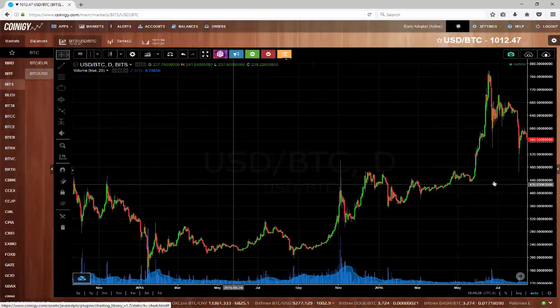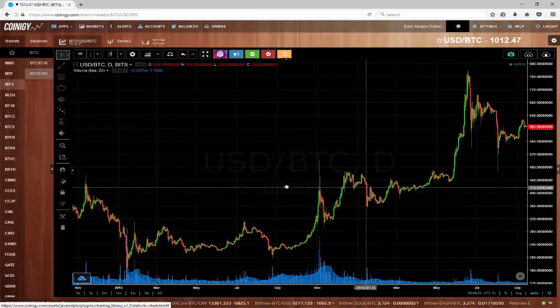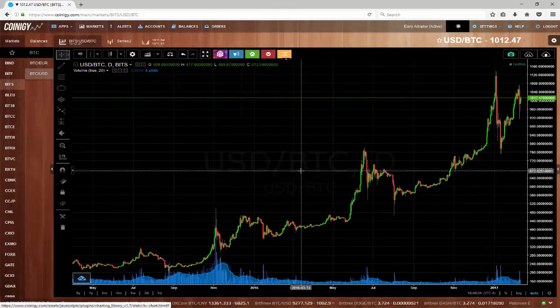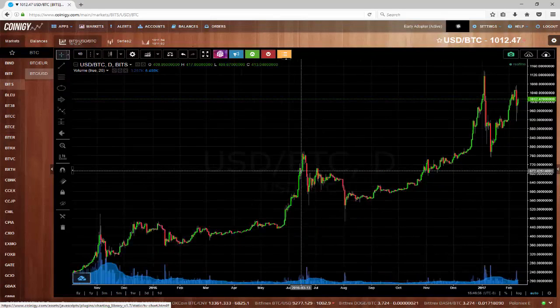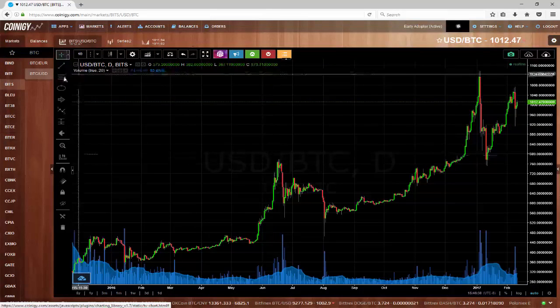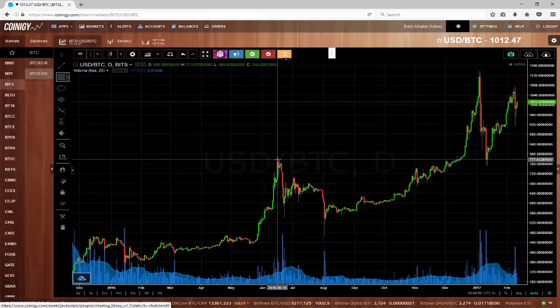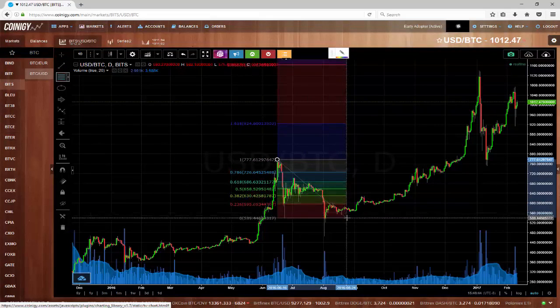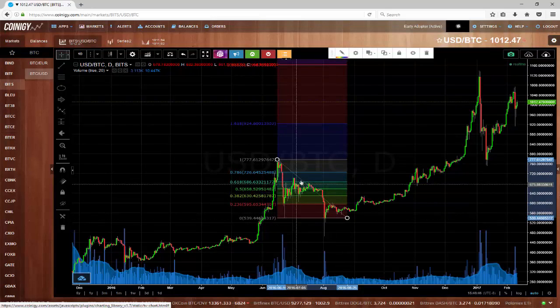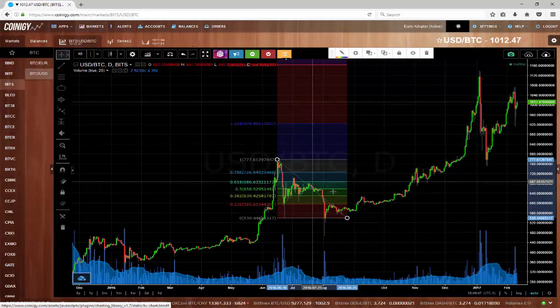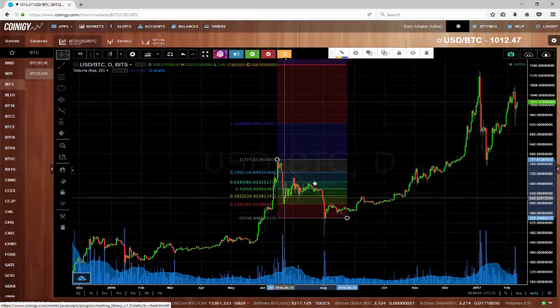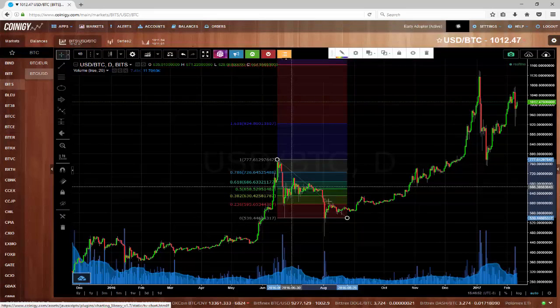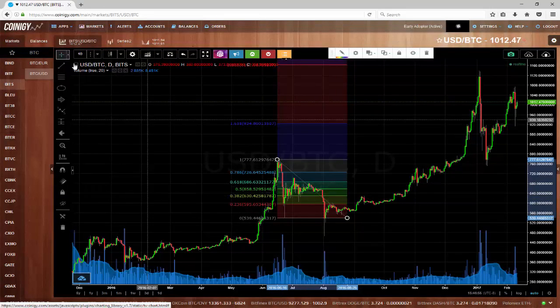All right, let's look at this dump right here. As you can see, it came right up to the 61.8% level, and then it kind of rolled over. So you've got this big bear flag pattern before it breaks down and rolls over.